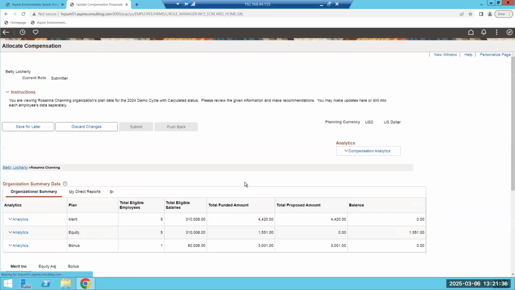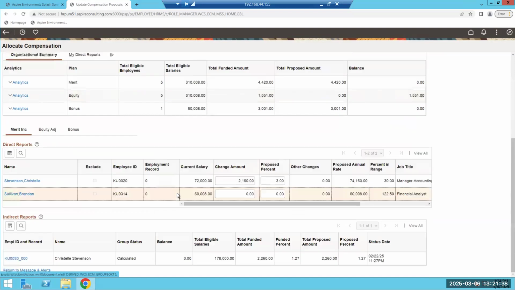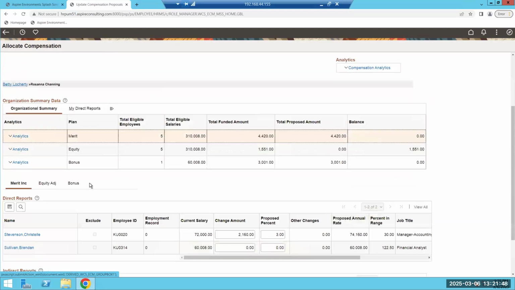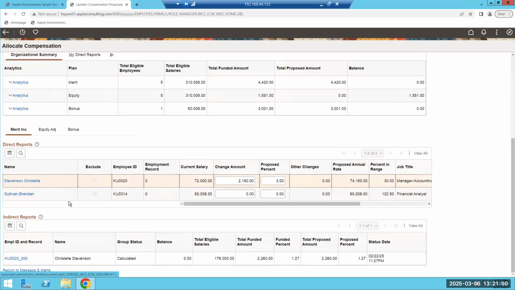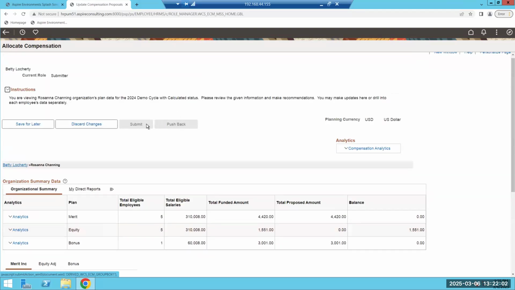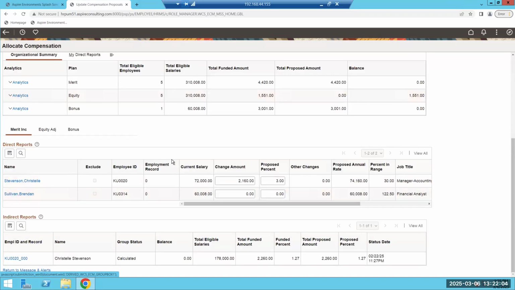If we drill down into here, we see Rosanna has two direct reports, and one of them is also a manager, Christelle. And again, still no ability to submit.